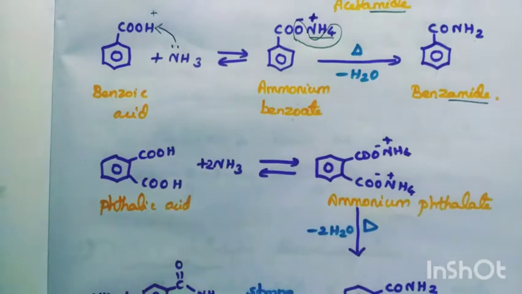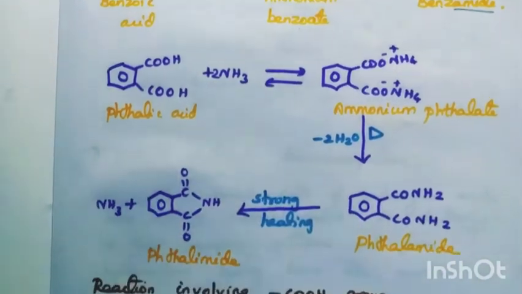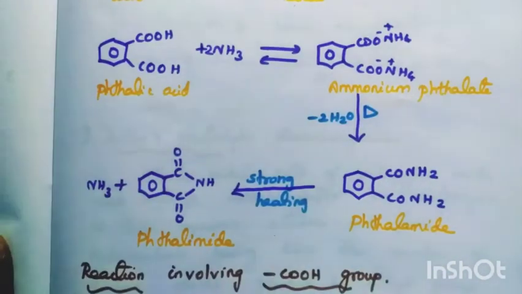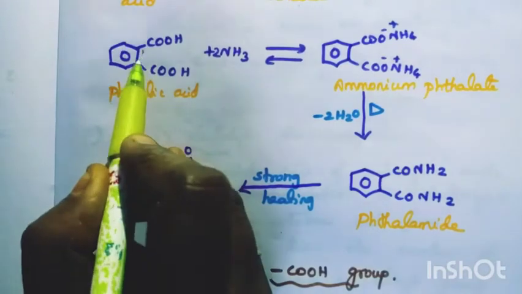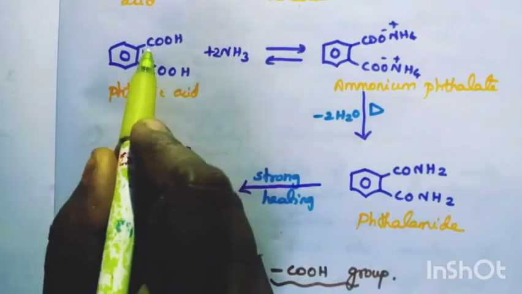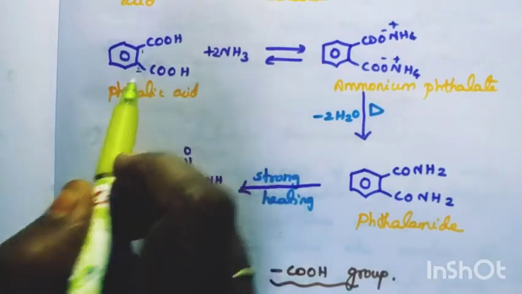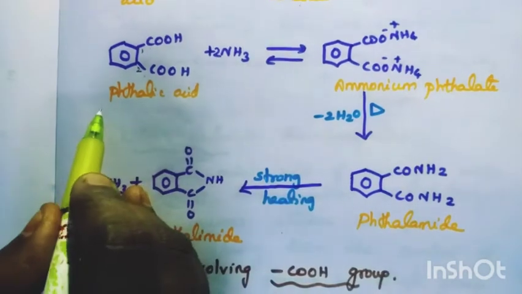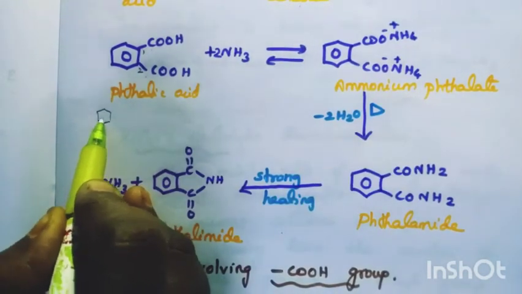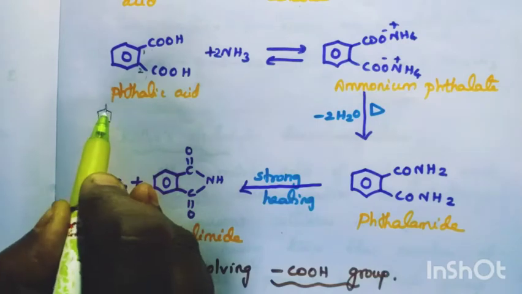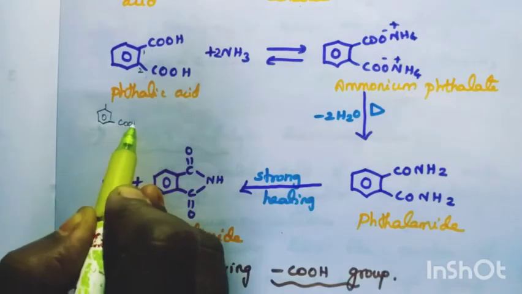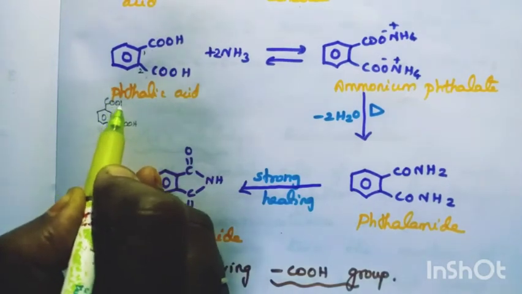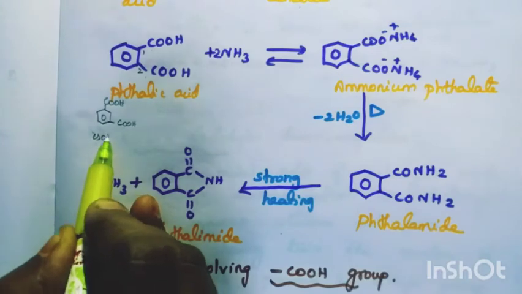And the next is phthalic acid. What is phthalic acid? If the carboxylic acids are in adjacent positions, the 1-2 position, it is called phthalic acid. If they are in the 1-3 position, it is called isophthalic acid.